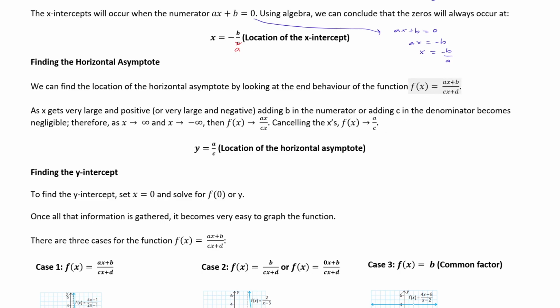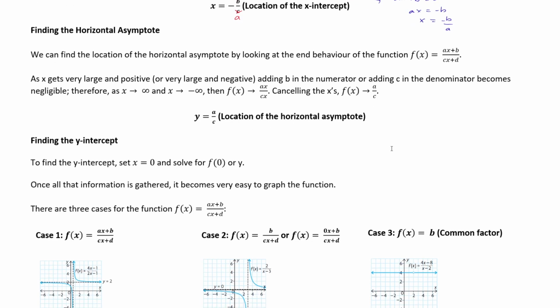So as x gets exceedingly large, we just look at ax over cx. We take out the b and the d because they're negligible. So the location of the horizontal asymptote is just your ratio of a over c.